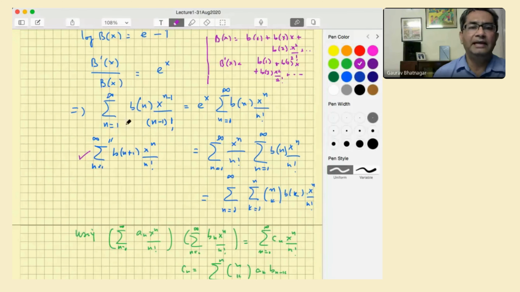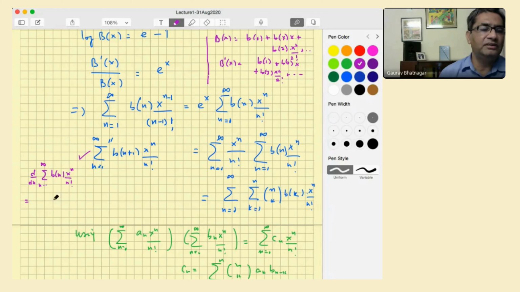But coming back to this, you've taken term by term differentiation here. So this is another way. I'll take the derivative d by dx of summation of bn x to the n over n factorial, n equal to 0 to infinity, and the first term has to be 0. So I start from n equal to 1, and then I get bn times n times x to the n minus 1, because the n cancels.